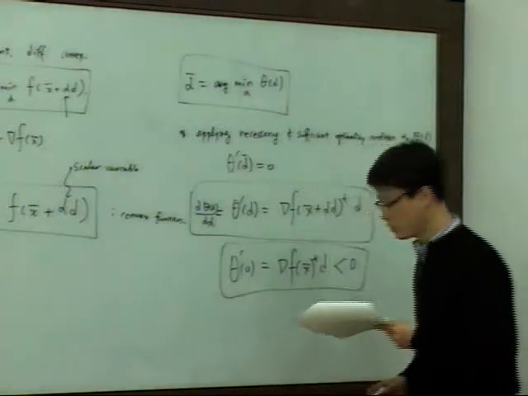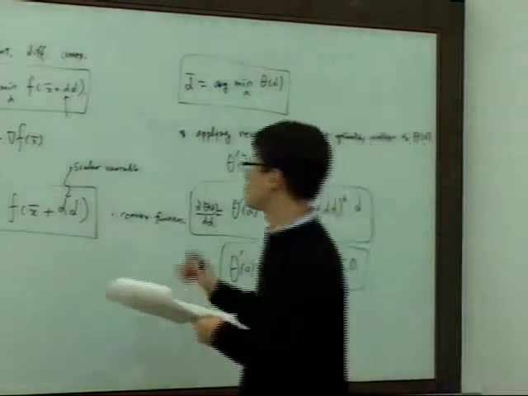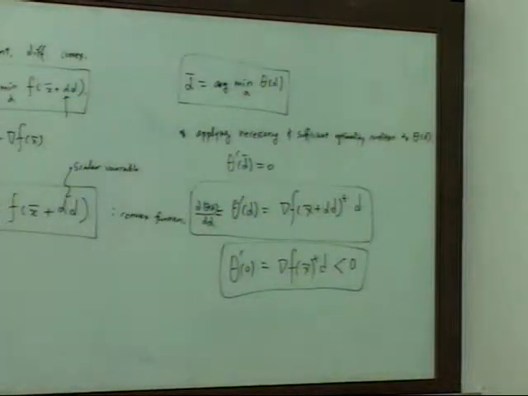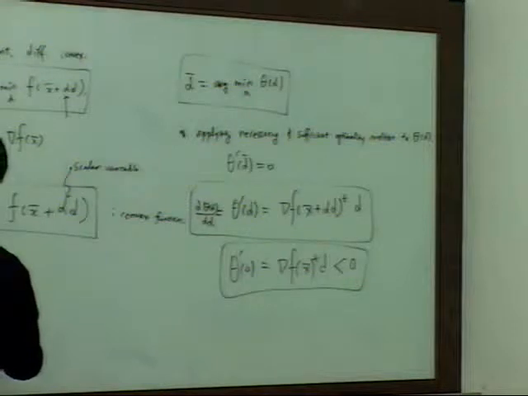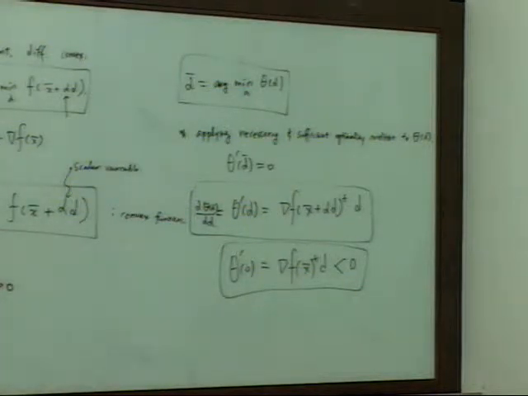Okay, and suppose we already found this alpha bar, non-negative alpha hat, which means this is greater than 0. Okay?